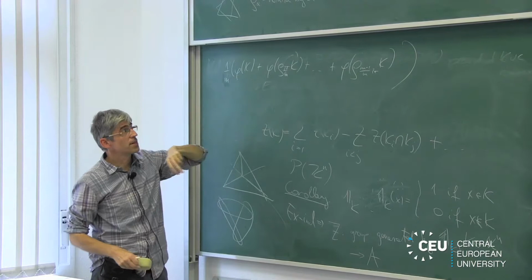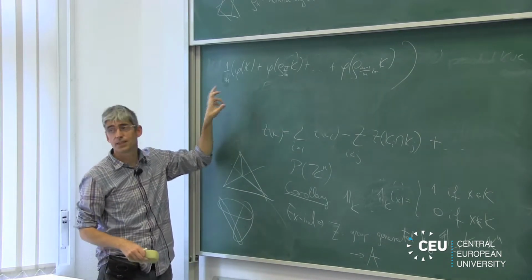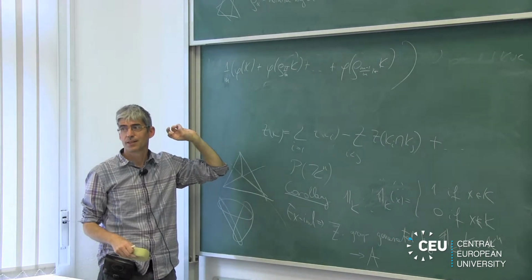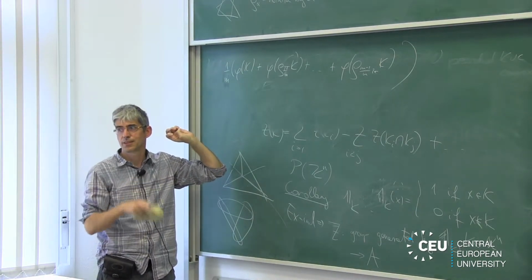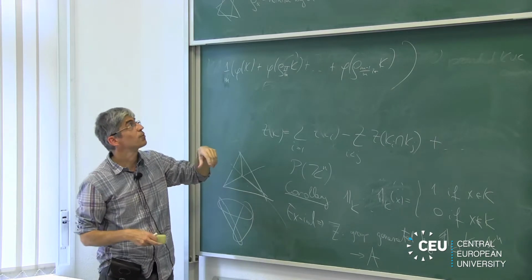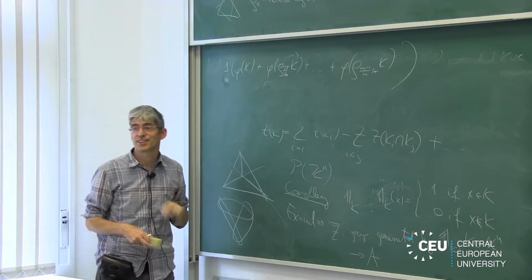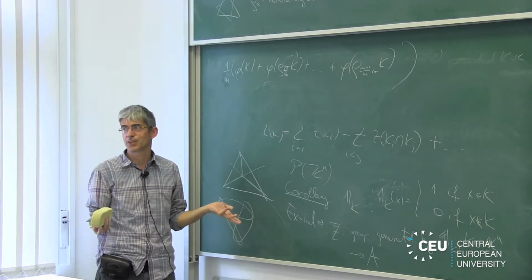If you take the average and m tends to infinity, what type of shape do you get? You get a circular disk, because it should be invariant under any rotation, and the only object with this property is the circular disk.